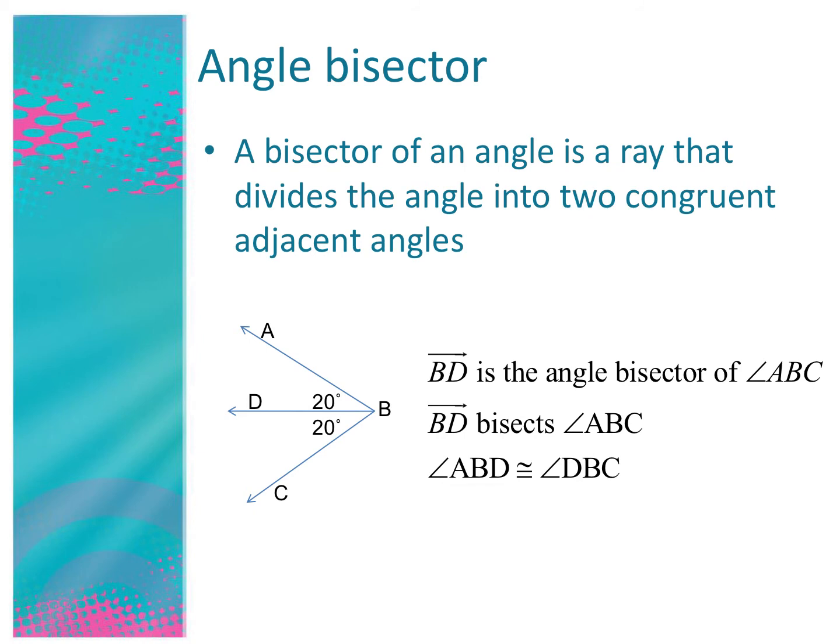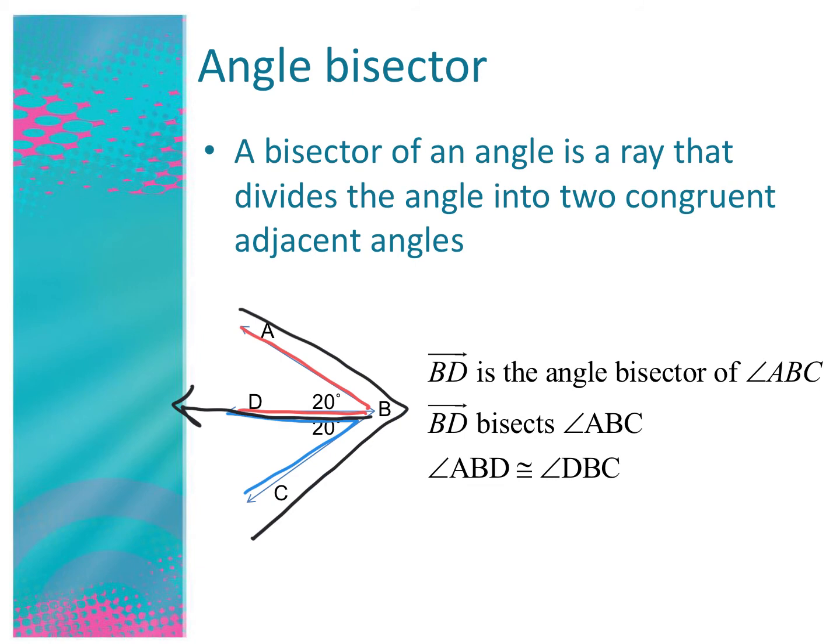If you're aware of the vocabulary word adjacent, adjacent means next to. So these are going to be two angles that are next to each other, and they're going to end up being congruent because the original angle that was here was ABC, and then BD is the one that split. This ray split the original ABC angle. So BD is the angle bisector of angle ABC.